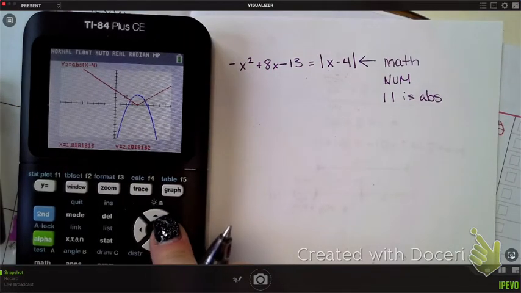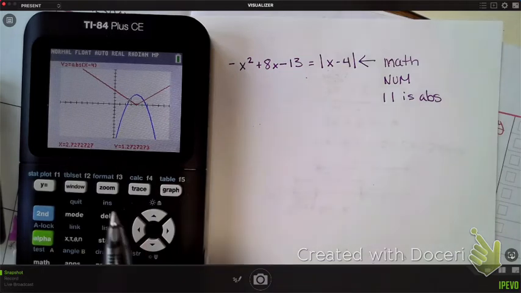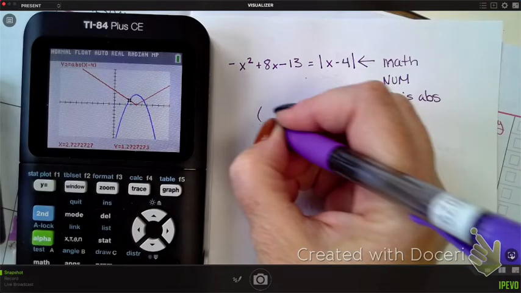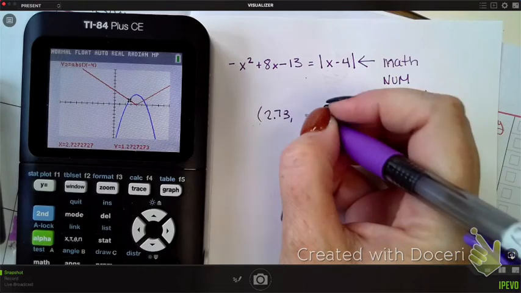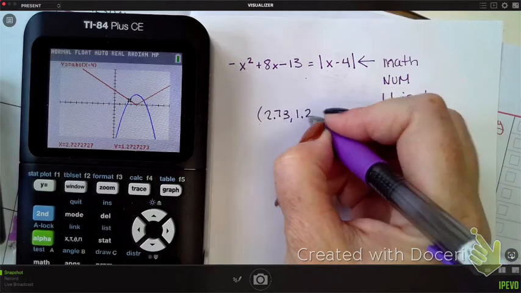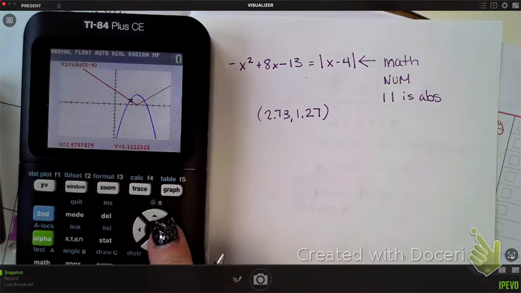Like I could go here, and I'm guessing, what do you think? 2.7, like I'm guessing 2.73, comma, 1.27. What do you guys think on yours? And then when I go to the other one, because there's two of them, right?